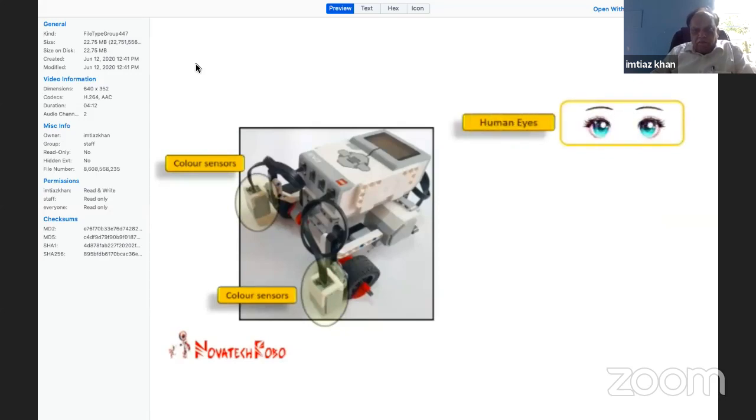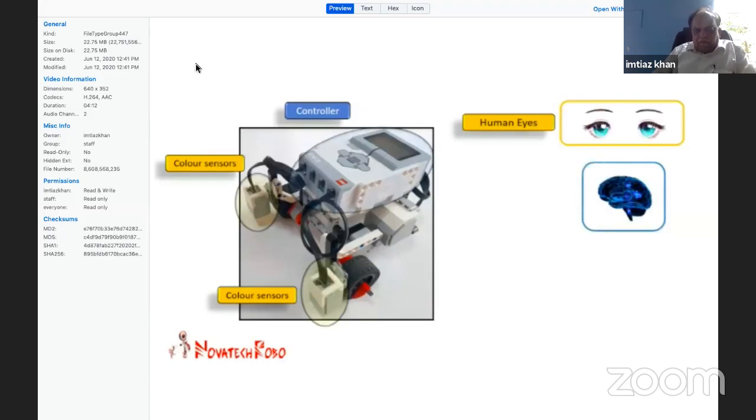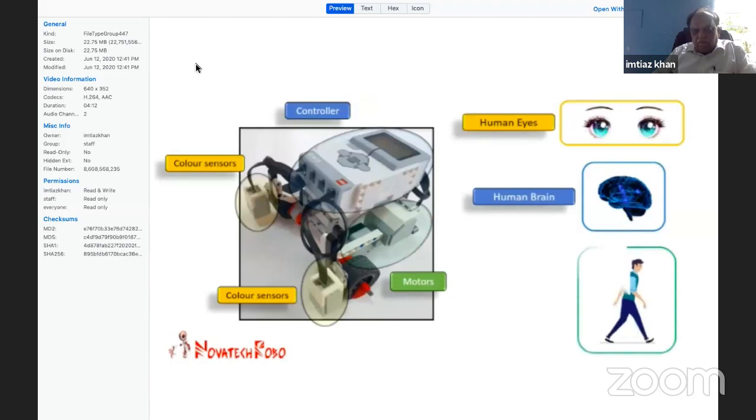If they sense or see an edge, they pass the message or information to the human brain, which is the controller. Immediately the brain passes the message to the motors, which are the legs of humans, and makes the motors stop, and then move back and take a right or left turn.